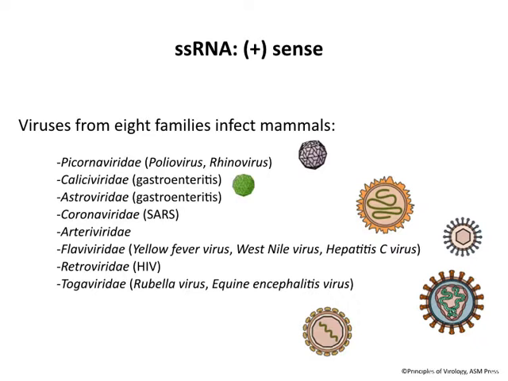We'll talk about those later. Astroviruses, which also cause gastroenteritis. Coronavirus, SARS, MERS, and other various viruses. Arteriviruses, flavivirus, yellow fever virus, West Nile, hepatitis C virus. The retroviruses like HIV. And the togavirus, which include rubella and equine encephalitis virus.